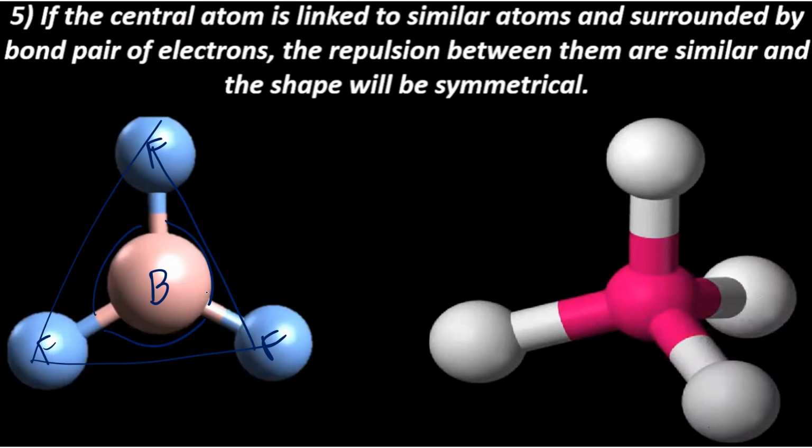Now the next one we are seeing is methane, carbon tetrachloride, whatever you can say. So carbon is the central atom, and identical atoms are attached to it. All right? So what is the structure, students? Tell me the structure. Tetrahedron. Is that clear? Okay. So let's move on.